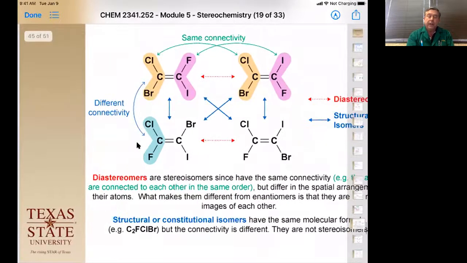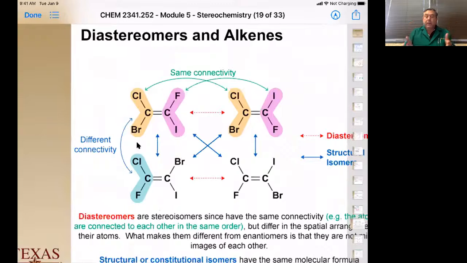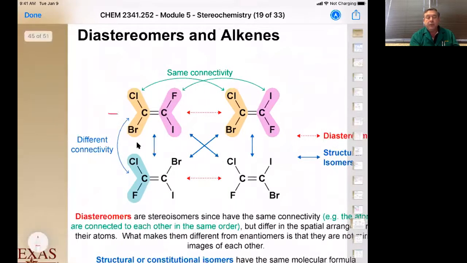Okay. So the other kind of stereochemical we have is the one where we don't have that rotation. So we have to look for what's bonded to each carbon on each side of the alkene. If you have the same 2 things bonded to the same carbon, then you can have diastereomers.